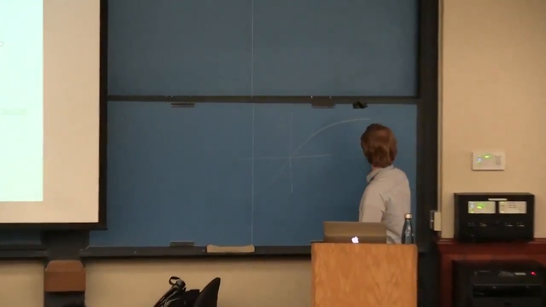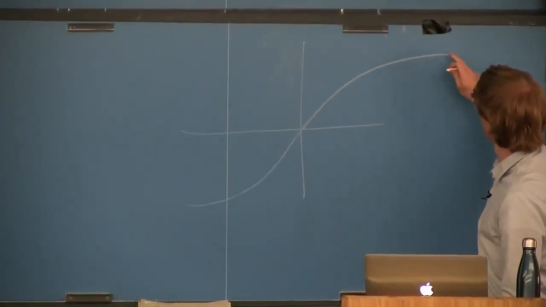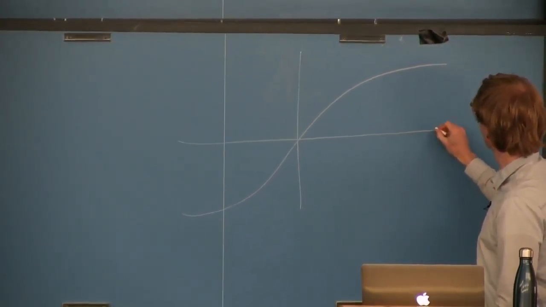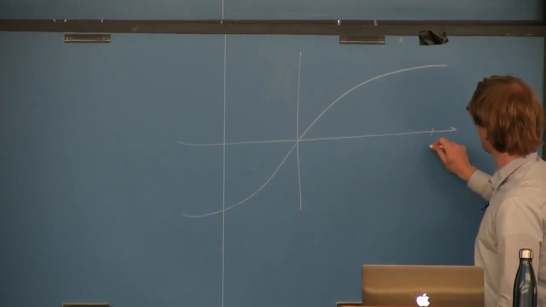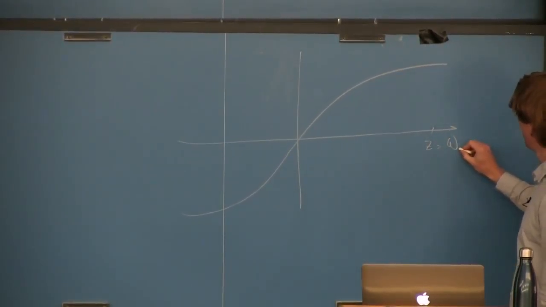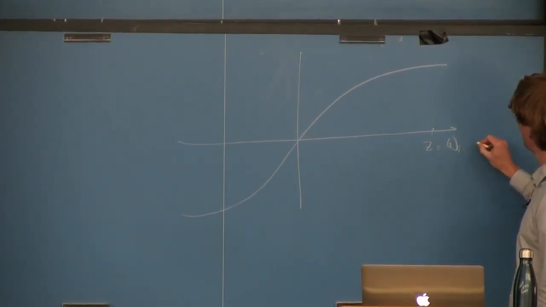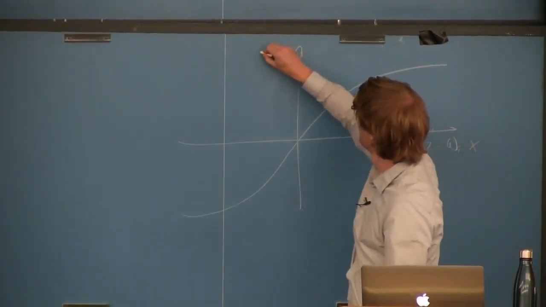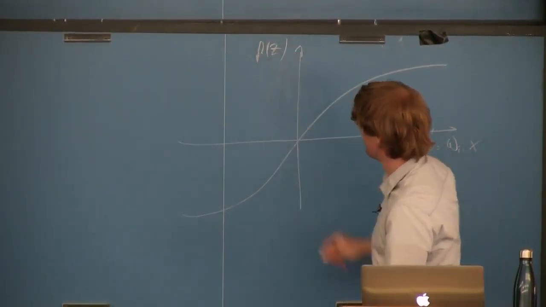Now, in order to compute this, your x value here, usually we call it z, is just w_i, the ith row, times your input x. And then we get here f of z.